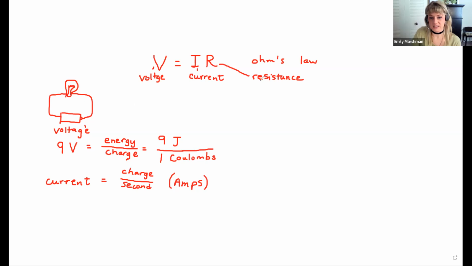More resistance means it's going to impede the flow of electrons. If you have less resistance, that's going to allow the electrons to flow more easily at a given voltage. The units for resistance are ohms. We named it after Ohm. And you often see it with the symbol Ω.